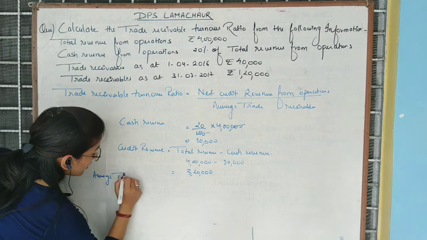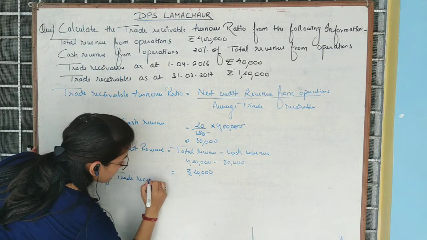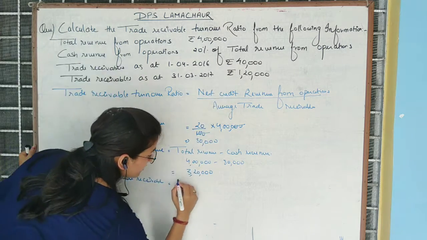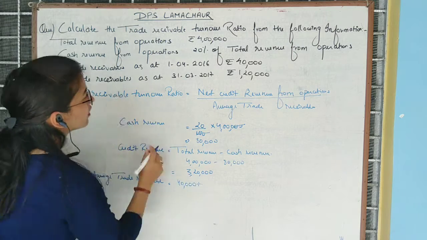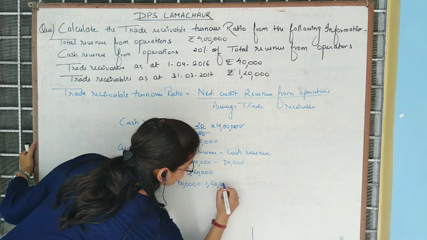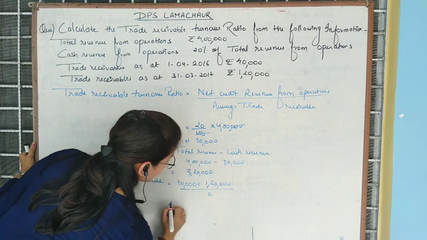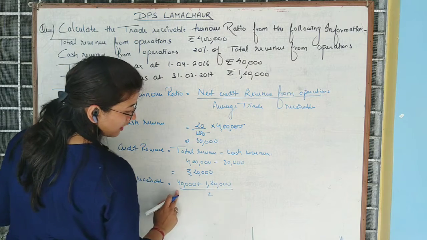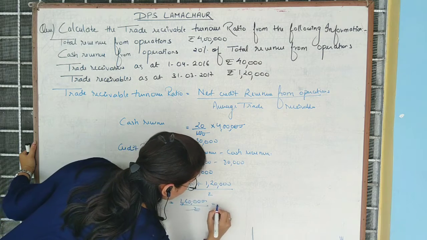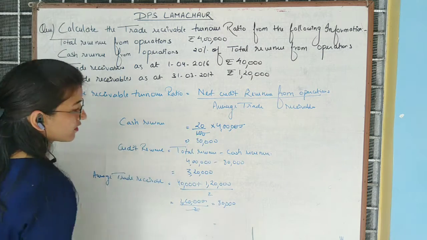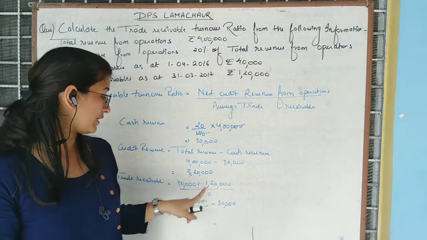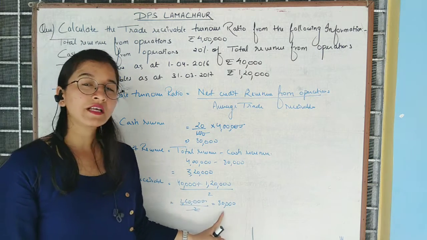So average trade receivable will be, opening trade receivable is given rupees 40,000. Closing trade receivable is given rupees 1,20,000 divided by 2. So 1,20,000 plus 40,000 is 1,60,000 divided by 2, amount is 80,000. So here credit revenue from operation is 3,20,000 and average trade receivable is 80,000.